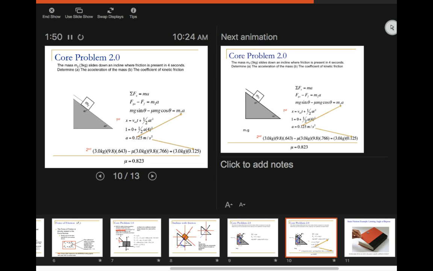It is a question that makes certain that you understand the big five kinematic equations. And then it's a two-step problem that makes sure that you know how to use substitution to solve for an answer. There's no calculus involved.